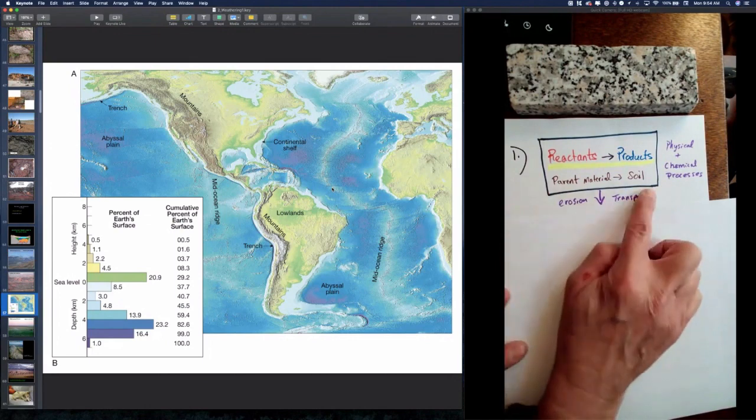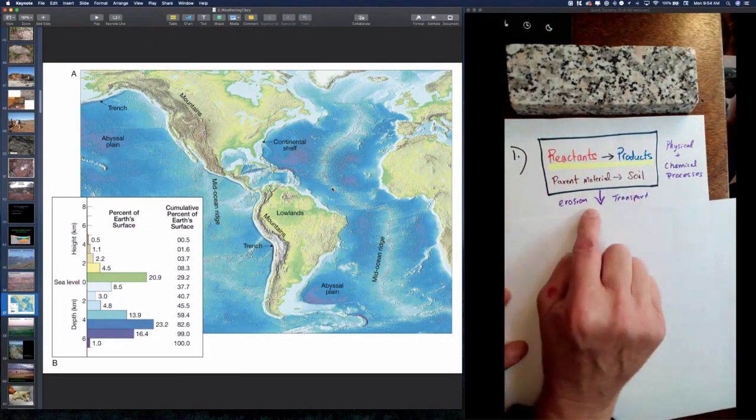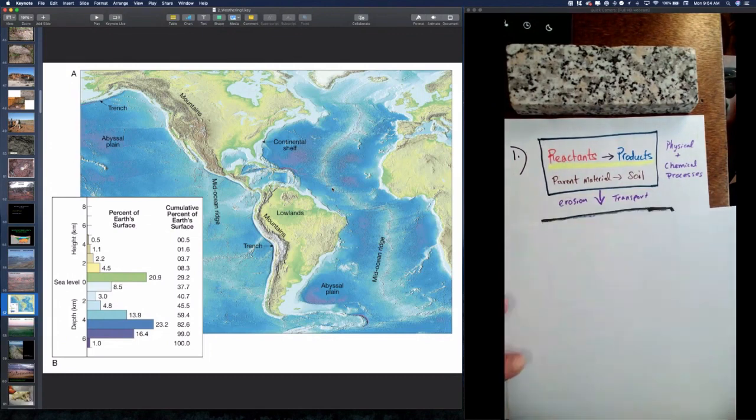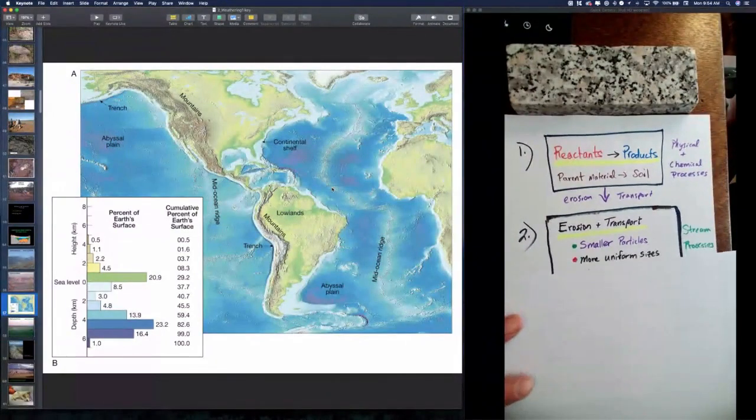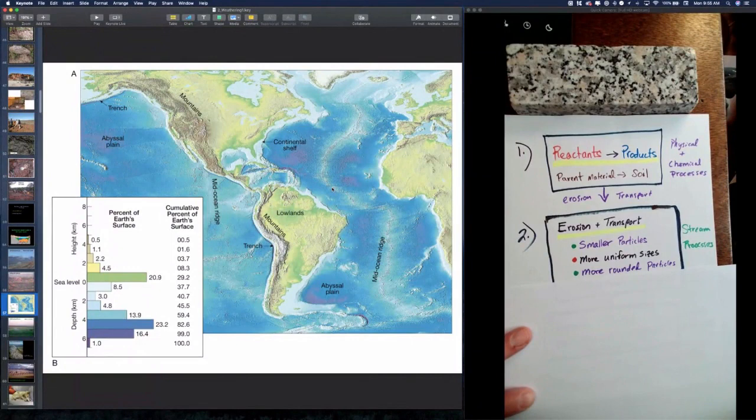We're gonna take reactants and make products, and now we're gonna act on them, and we're gonna erode them and transport them. And so that erosion and transport means smaller particles. It means more uniform sizes the longer it's transported. And it means more rounded particles.